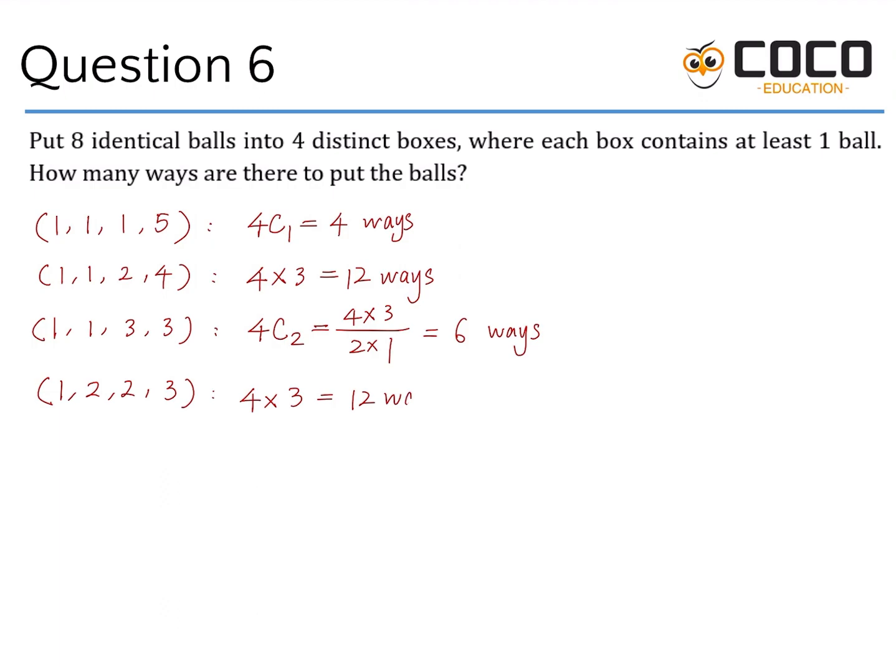So 12 ways also. So the next case is when you have all of them with 2 balls. That's only 1 way. Let's add everything together. 4 plus 12 plus 6 plus 12 plus 1. The total is 35.